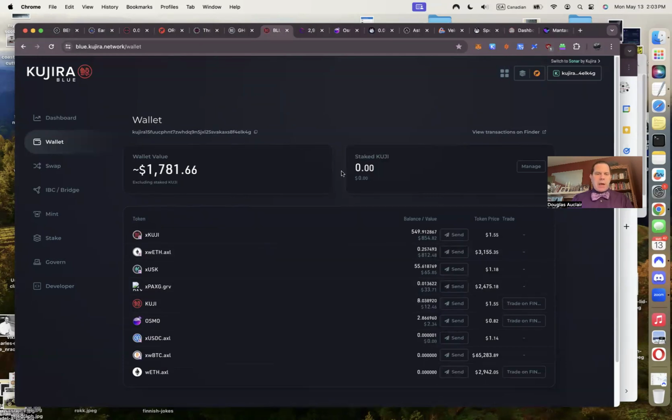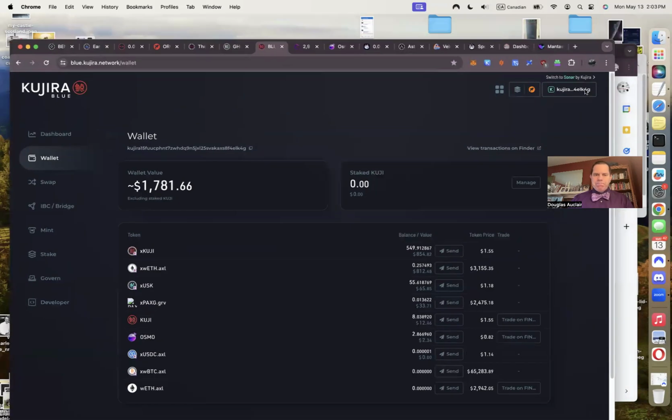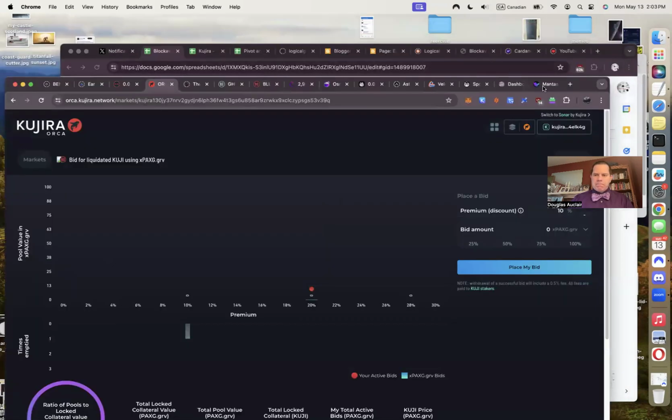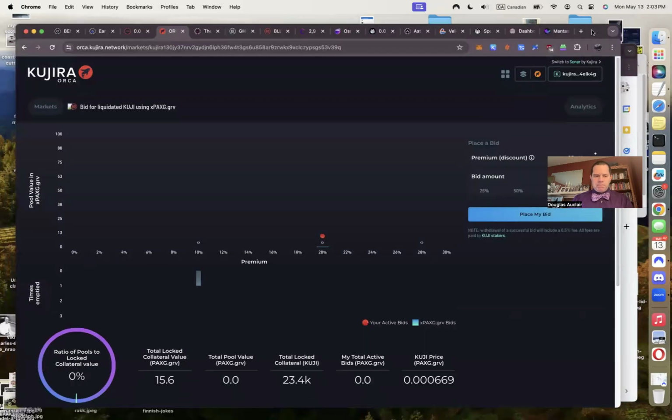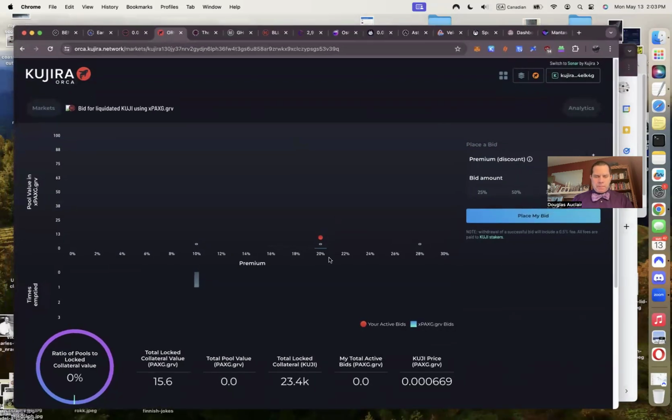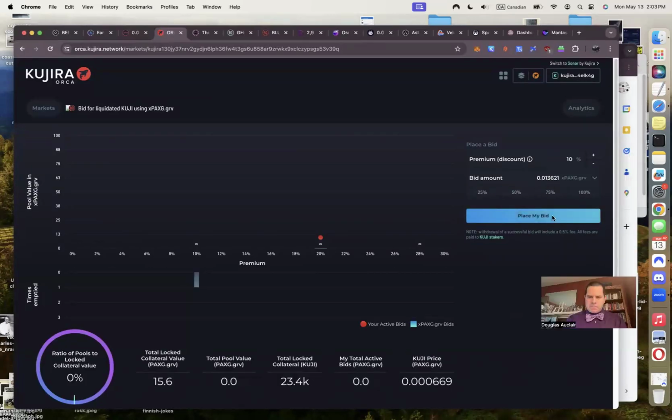So what I do now is I go to Orca and I do another bid. I have this much gold lent to Ghost, and so I bid it all.